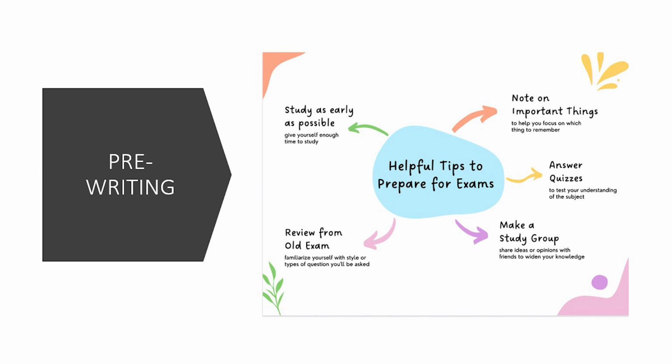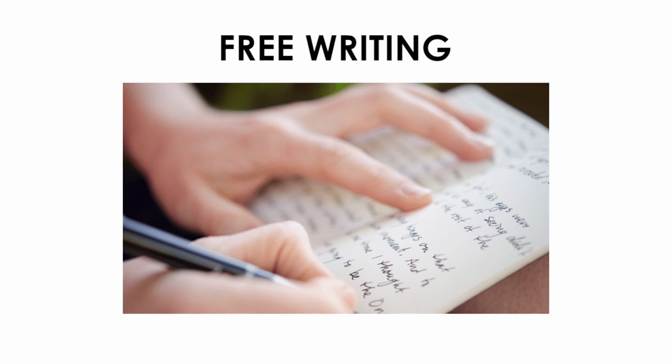Okay, so by doing this, we train our students how to brainstorm as well as categorize their ideas into a mind map. Now, another example of pre-writing activities is free writing.